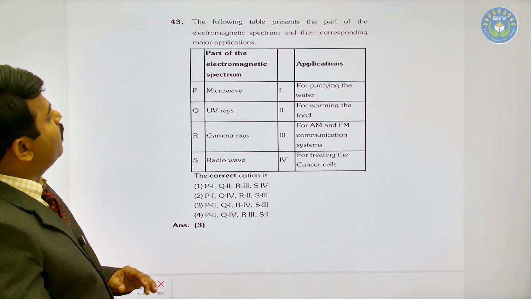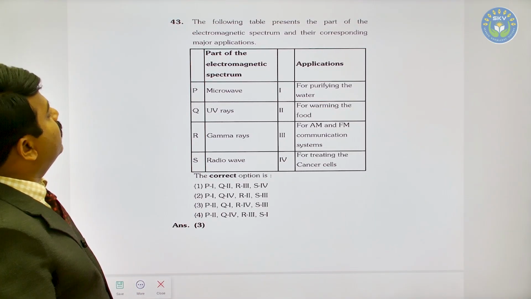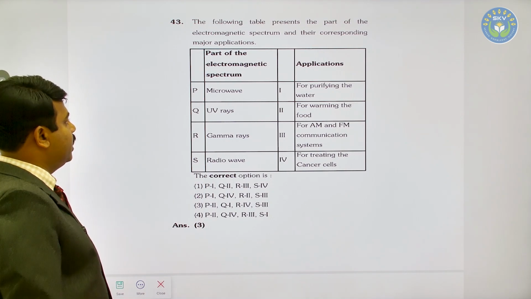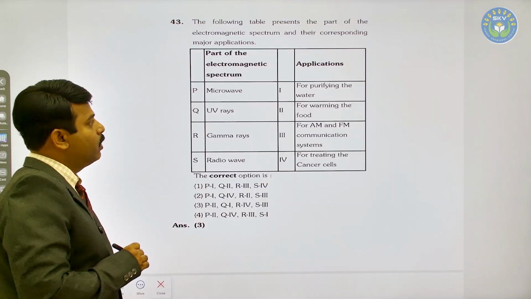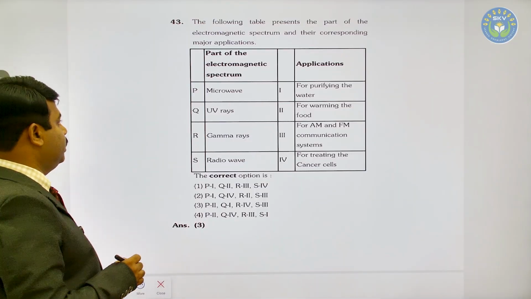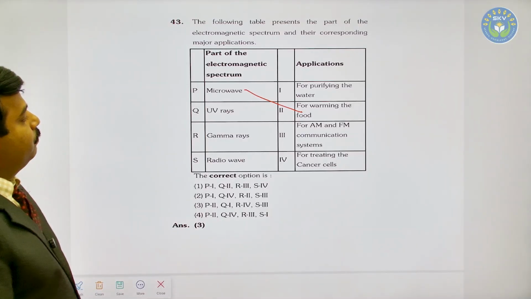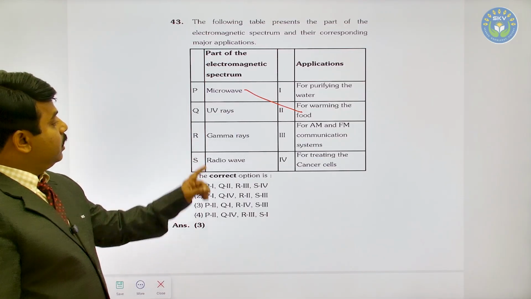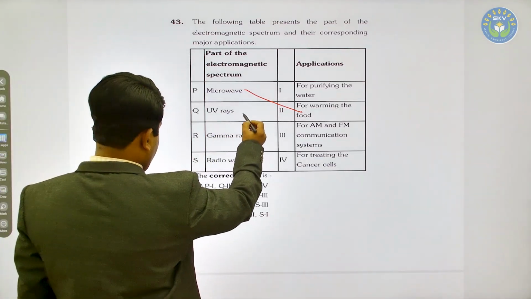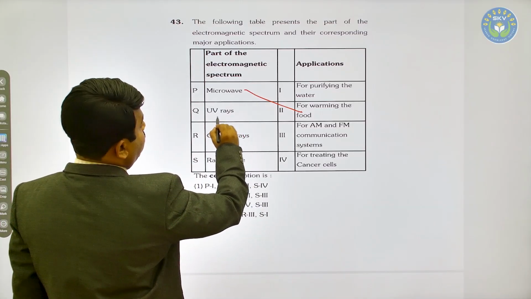The following table represents the parts of the electromagnetic spectrum and their corresponding major applications. Microwave, you know, is used for cooking. The microwave oven we are using for cooking only. Then P is connected for warming the food. UV rays we are using for purifying water only. Right?